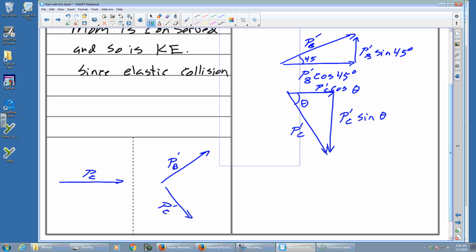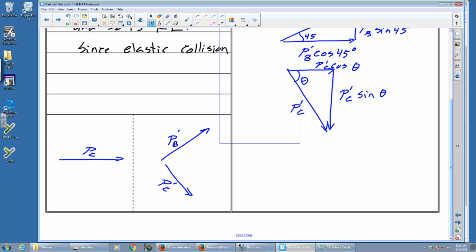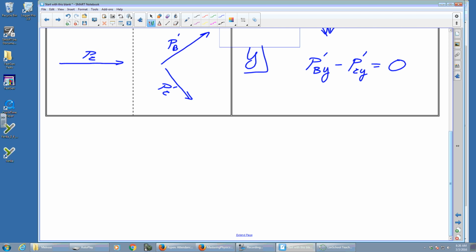Yeah, I mean, you're setting up the y side to be the momentum of the black ball in the y side minus, actually I think, the momentum of the cue ball in the y equals 0, and then you just substitute in those components from right above.